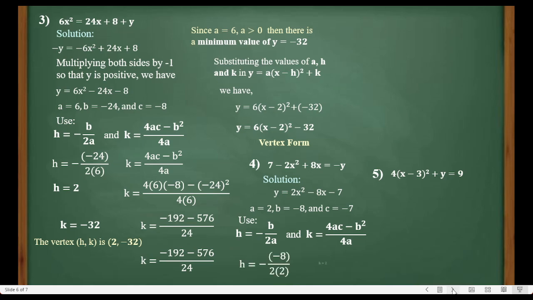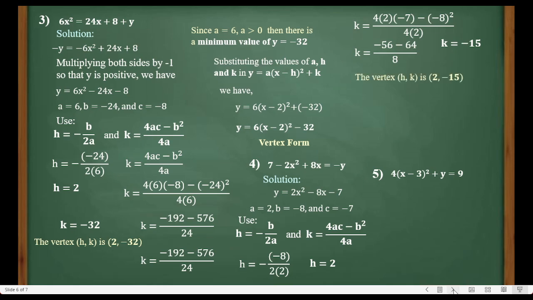So for h, substitute a and b values and simplify, so h is equal to 2. How about k? Using this formula, we substitute the given values. And this is now the resulting expression. So if we're going to simplify this, again recall the PEMDAS or the GEMDAS rule. And at this point, the value of k is negative 15. So what does this mean?